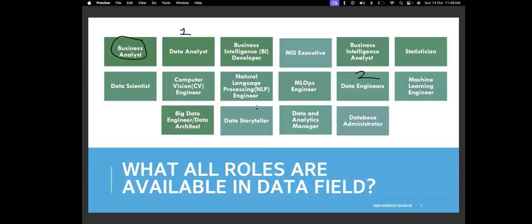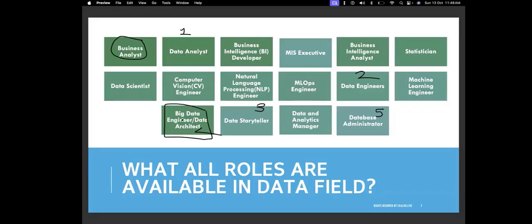You can also work as a data storyteller. This role is also good for you. You can also work as a big data engineer, and you can also work as a database administrator. So these are the 4-5 roles that you can work on once you are a data analyst: data analyst, data engineer, data storyteller, big data engineer, and database administrator.